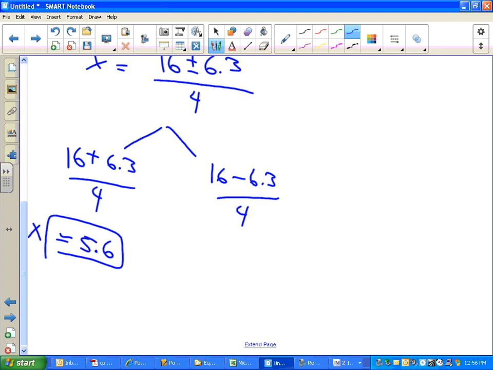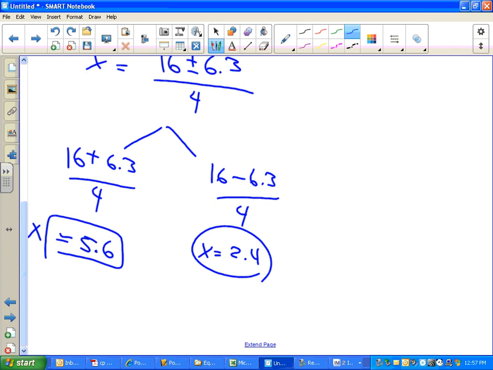Okay, x equals 5.6. And then x also equals 2.4. All right, so those are our two answers.